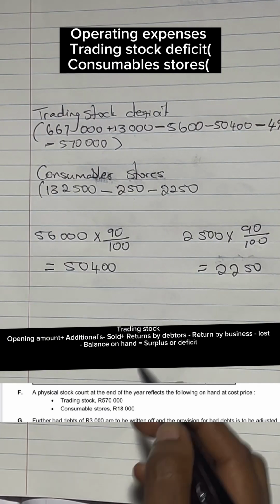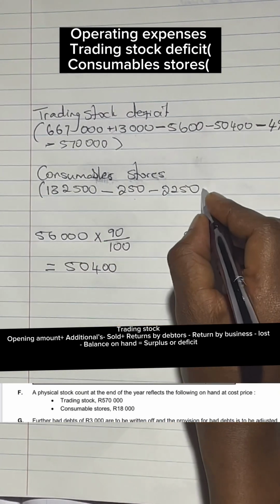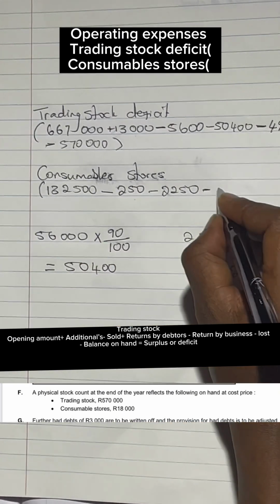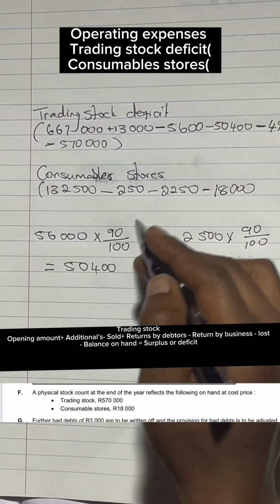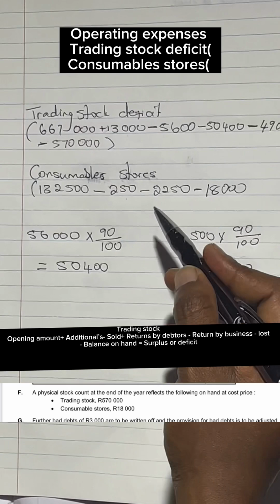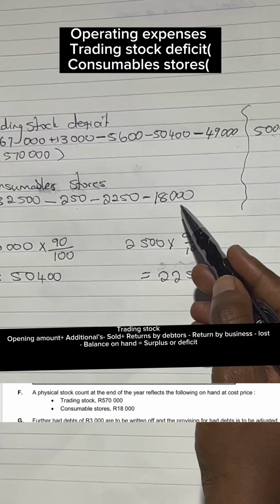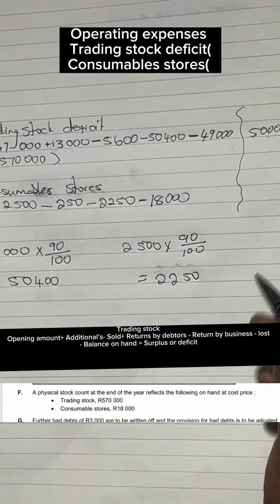And then for consumable stores, we subtract the balance on hand, which is 18,000. So 132,500 subtract 250, subtract 2,250, subtract 18,000, and it's 112,000.